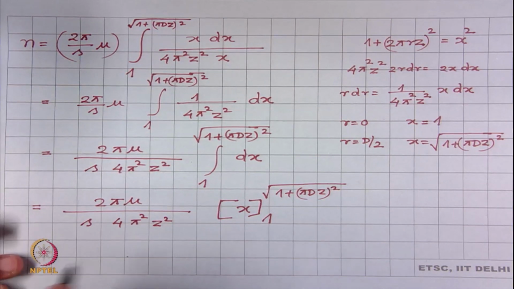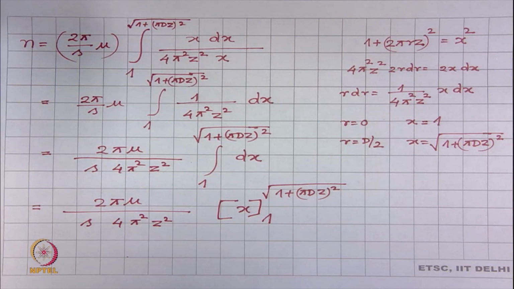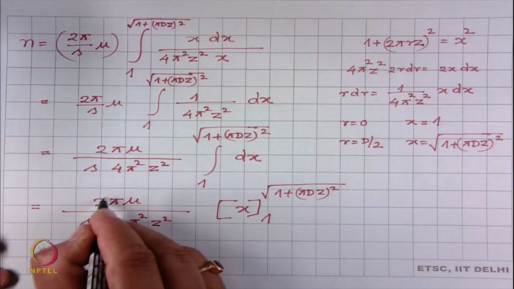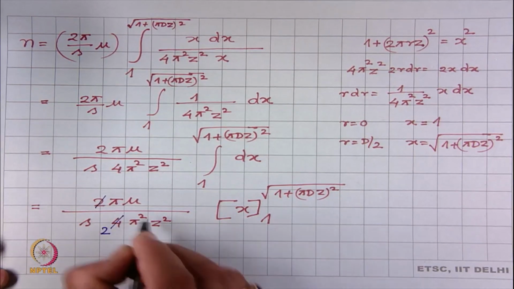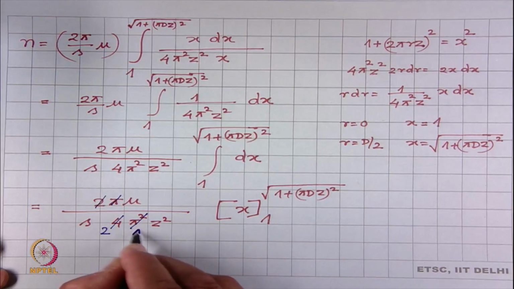Now, let us make it a little simpler. What we see here is that this 2 and this 2 cancel, and this pi and this pi square give pi.